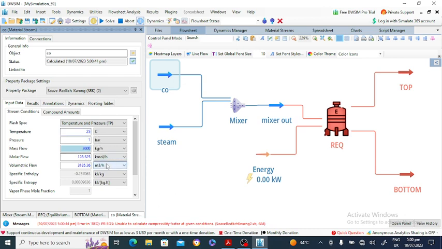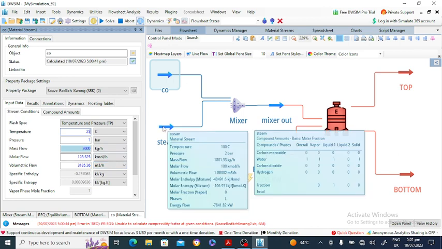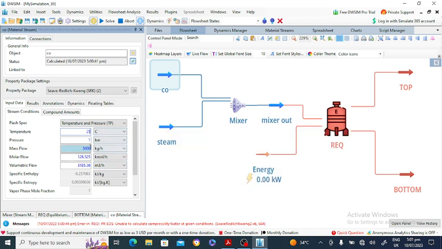Okay, the molar flow rate here you can see is 100 kilomole per hour and this is 128.